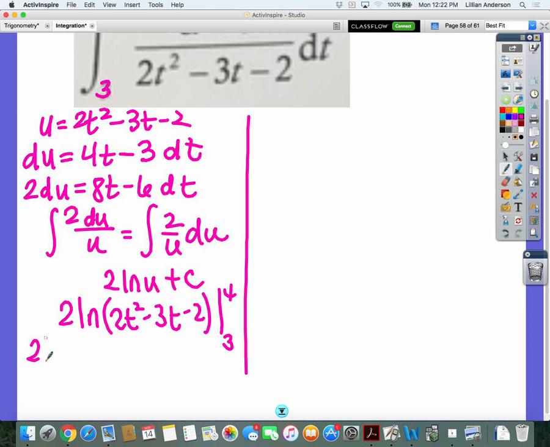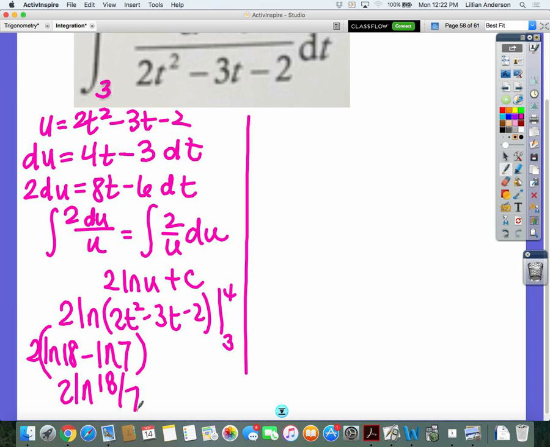Now when you plug in 4, you would have ln of 18 minus, what do you get when you plug in 3? 7. Whenever you're subtracting, you end up dividing. And that 2 is your constant, so when you plug in your bounds, that 2 is on the outside of that ln 18 over 7.